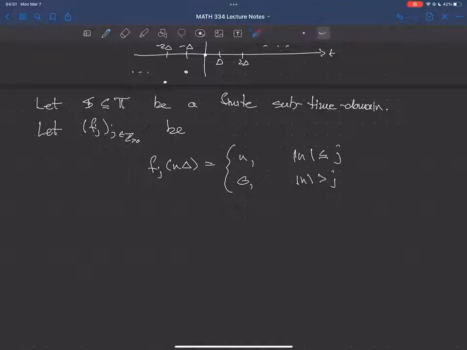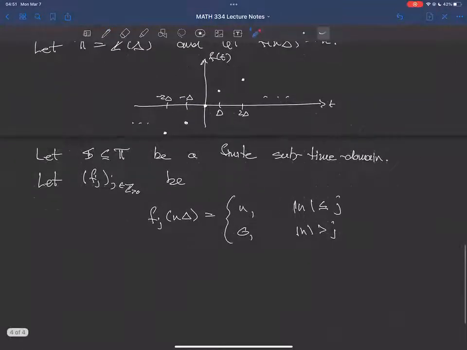So F1 is just going to be this bit, and then 0 otherwise. F2 is going to be all of these parts, and then 0 otherwise. And so we're chopping this function off, where fj takes f and chops it off between minus j and j.